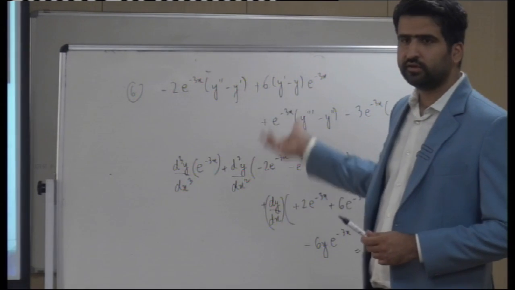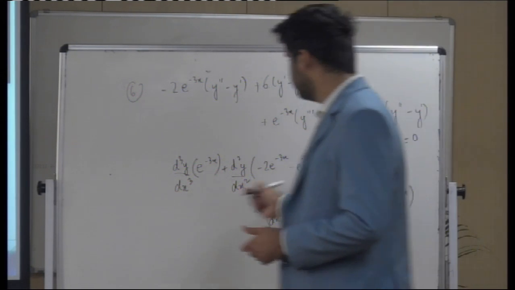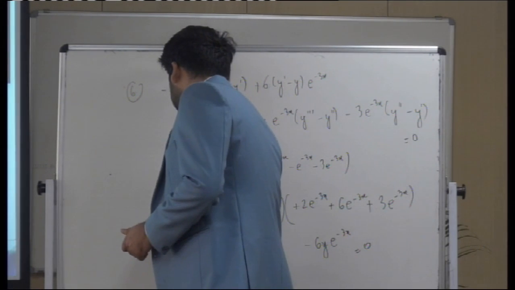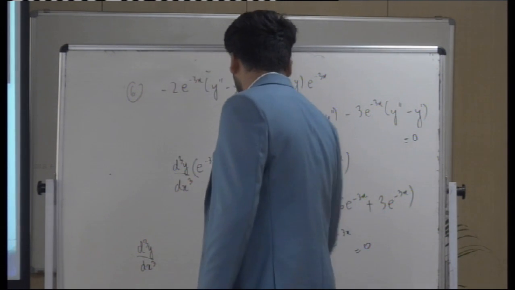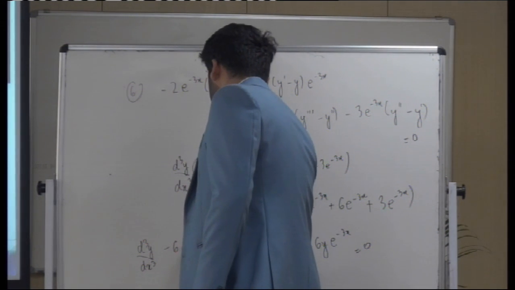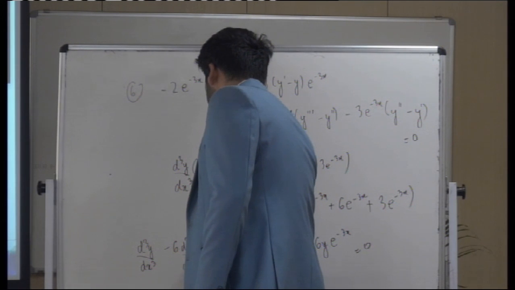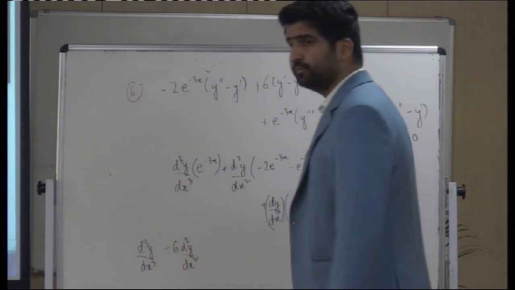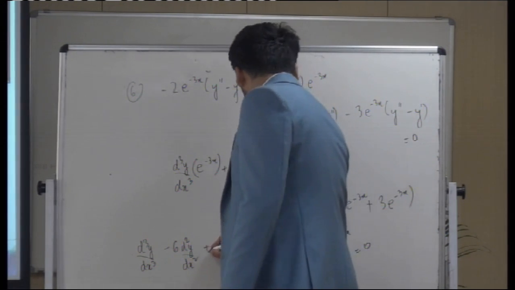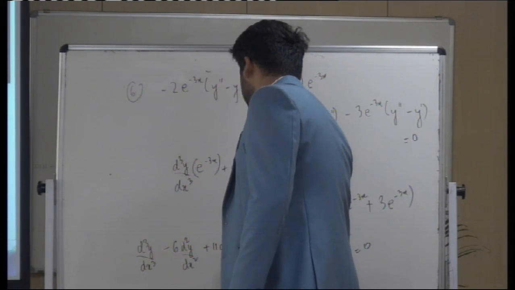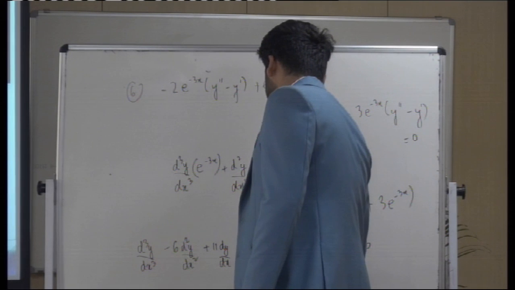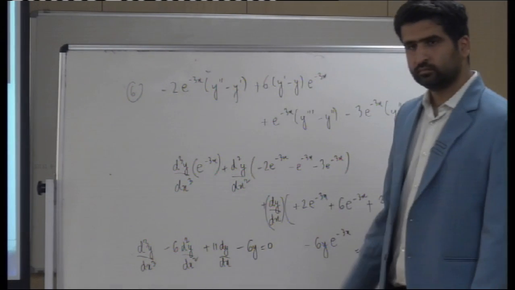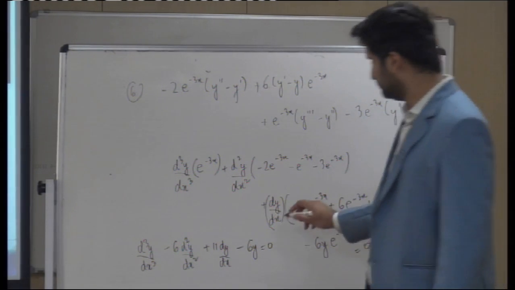We can cancel it out. So we'll get d3y upon dx3 minus 6 d2y upon dx2, right? Plus 11 dy upon dx minus 6y. This is the answer everybody is getting.